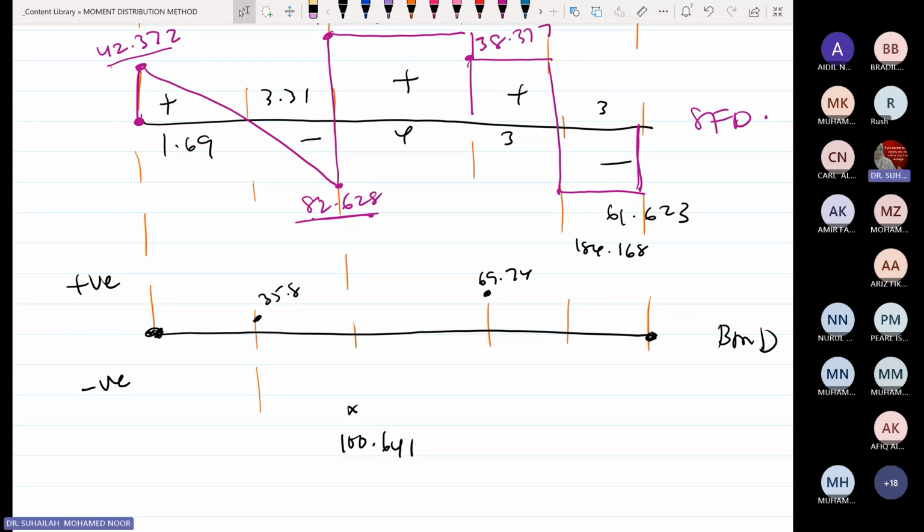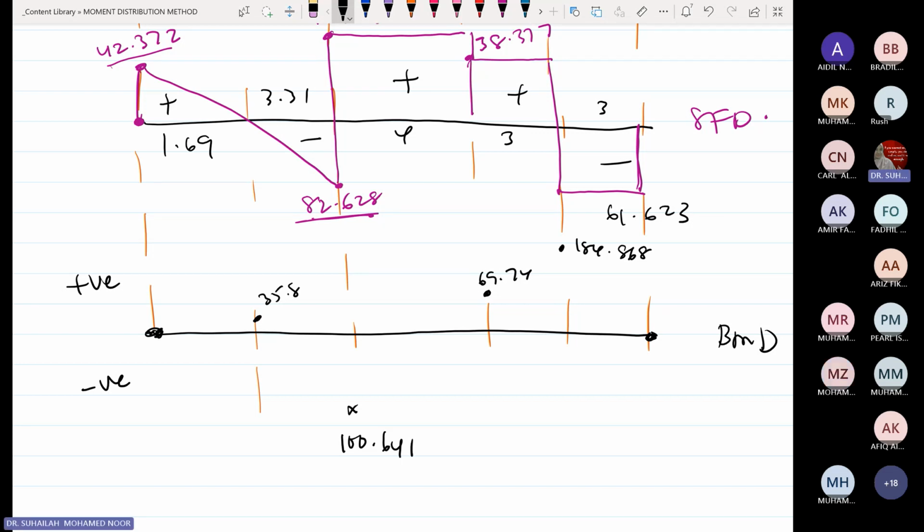Yang you sebut tadi? 184.868. Okay, now minus last punya tu. 3 times 61.623. Equal to 0, madam. Equal to 0.